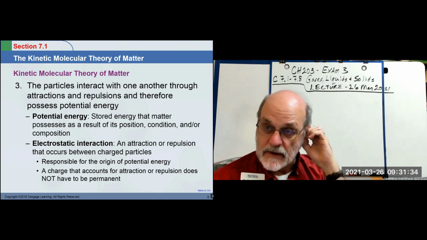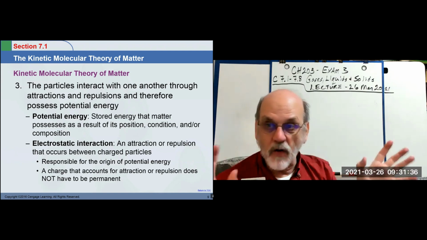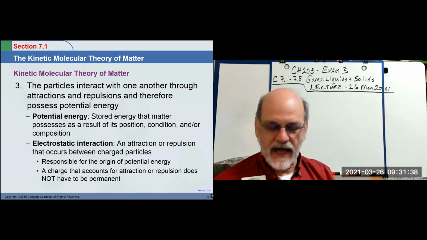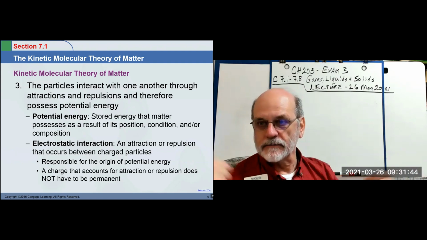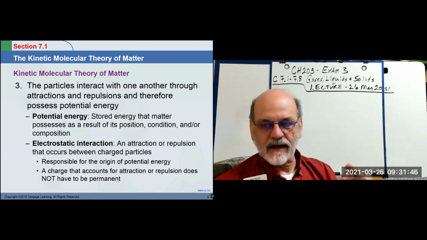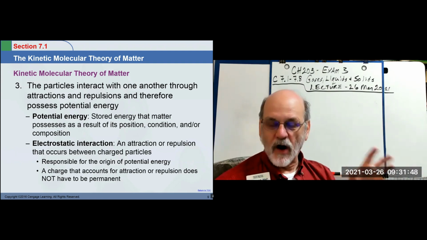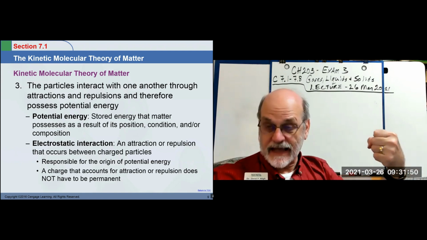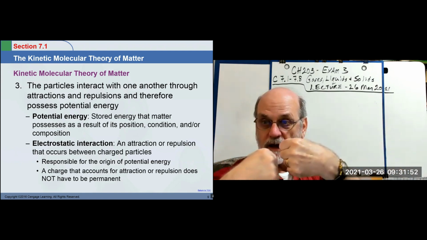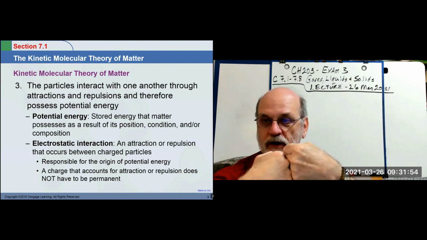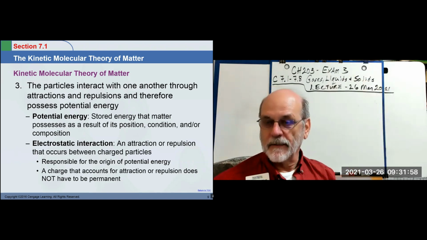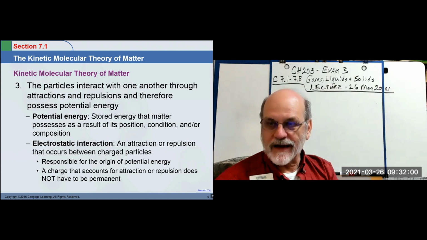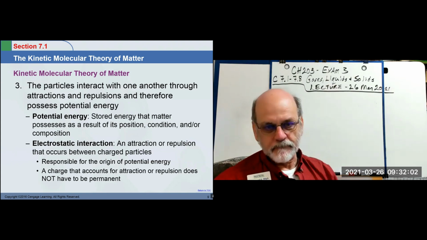But for gases, we assume that there's no interaction. That's an ideal gas. And when these particles approach one another, they behave like billiard balls. They just bounce off, right? Perfectly elastic collision, which means that all the energy coming in, the kinetic energy, is transferred back out to the particles, and they head off in other directions, with the total kinetic energy of that collision being preserved.